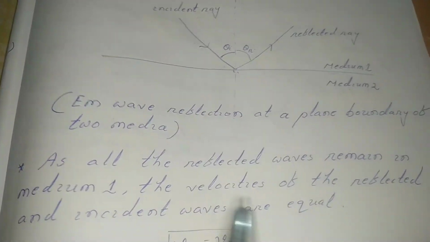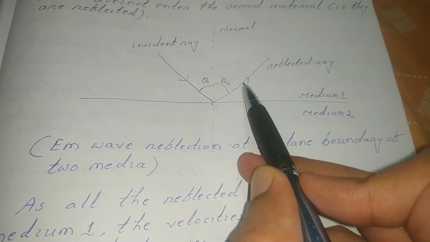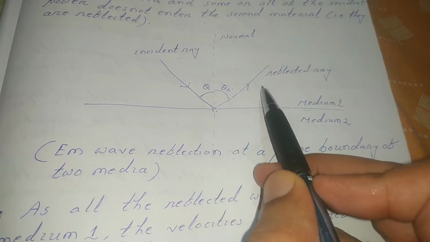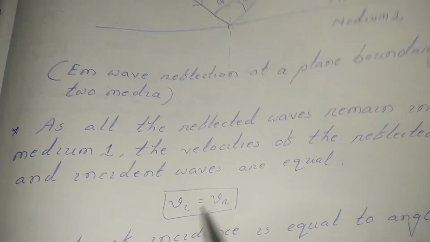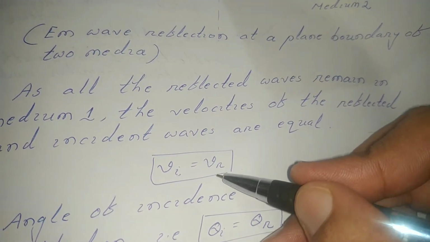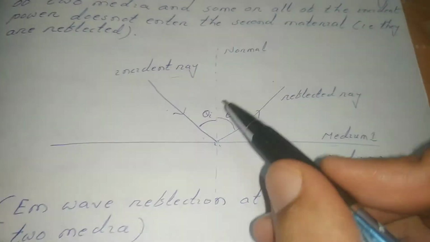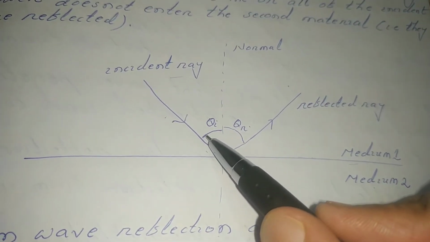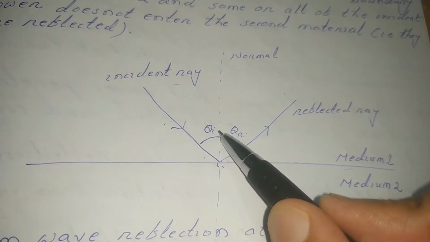So here, as both the incident ray and reflected ray are present in the same medium, the velocity of the incident ray and the velocity of the reflected ray are same, that's why Vi equal to Vr. And second thing is that you know from refraction about the angle of incidence. Same thing is here.